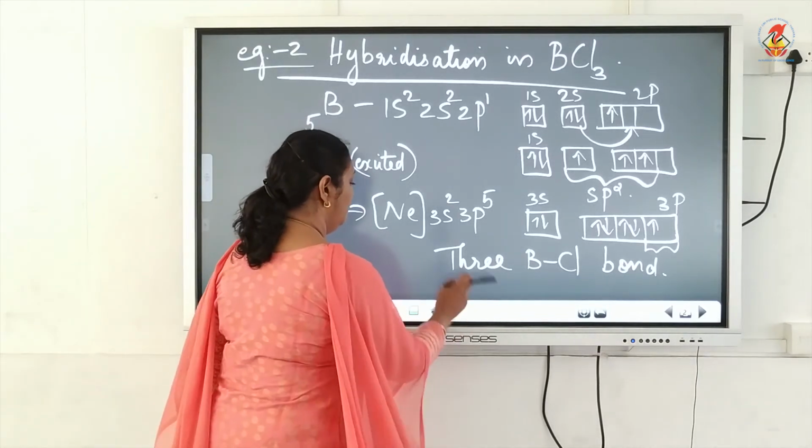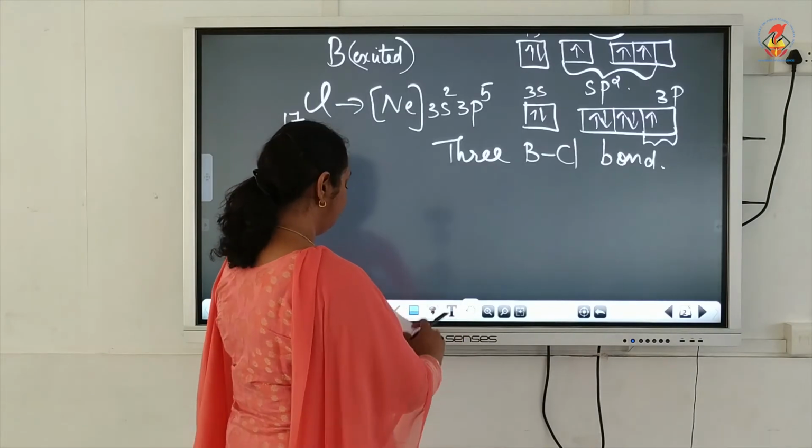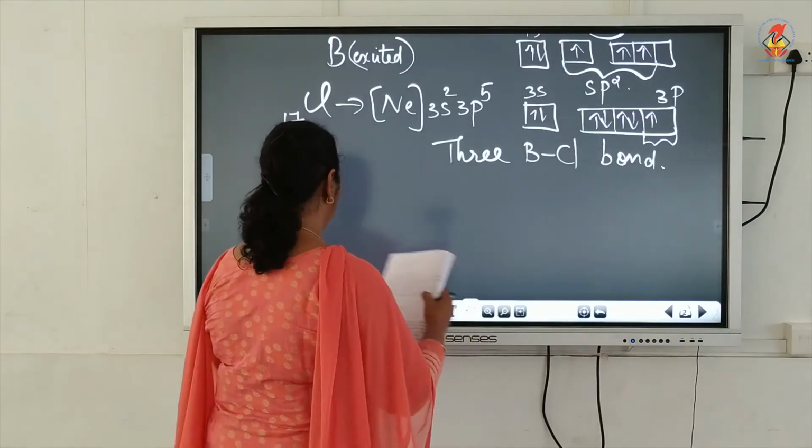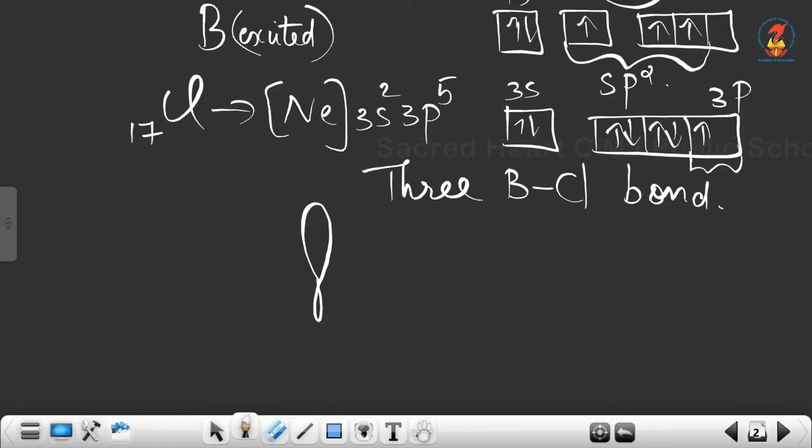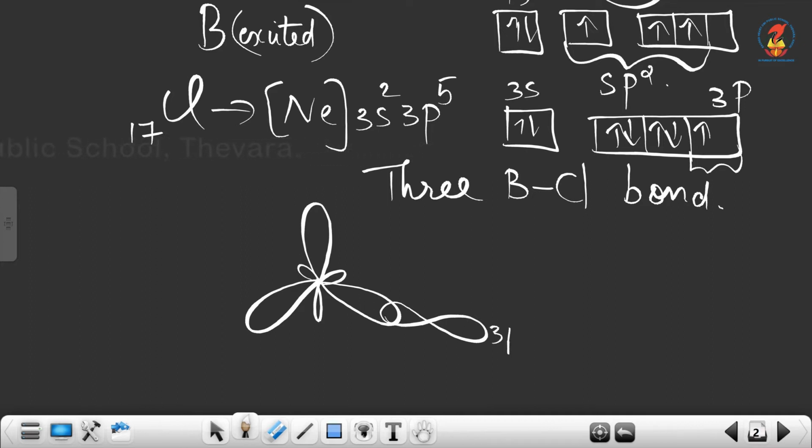So when we draw the hybridization diagram, we have the sp2 hybrid orbitals. Now these are the 3 sp2 hybrid orbitals of boron. Each orbital will overlap with the half-filled 3p orbital of chlorine. This is the 3p orbital of chlorine.